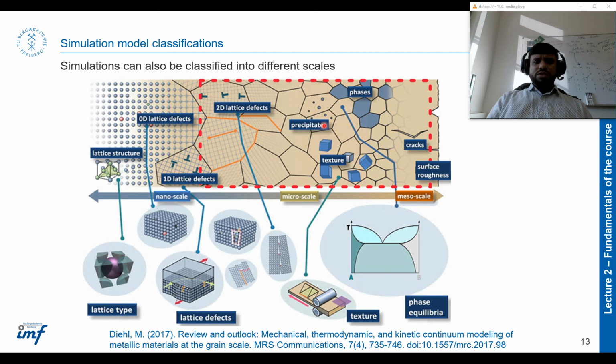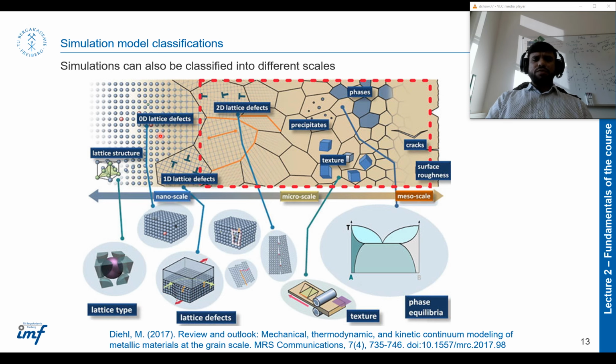And then on the smaller scale, there are different precipitates, grain boundaries, and other three-dimensional defects which affect the material deformation behavior. And when we look at them closely, we know that there are 2D defects in the material, which are generally edge dislocations and dipole dislocations, which are responsible for material deformation.